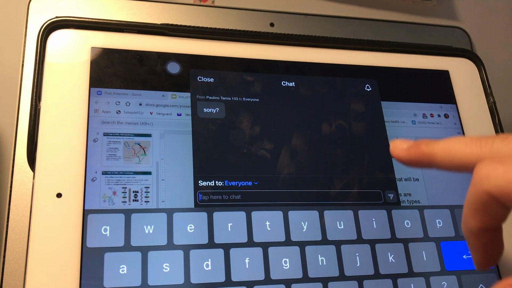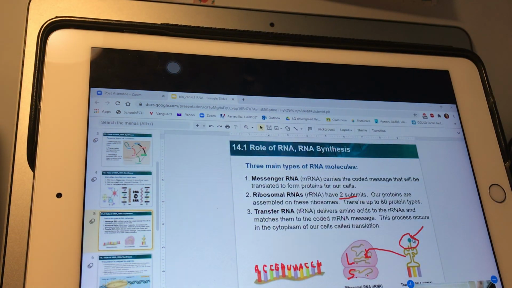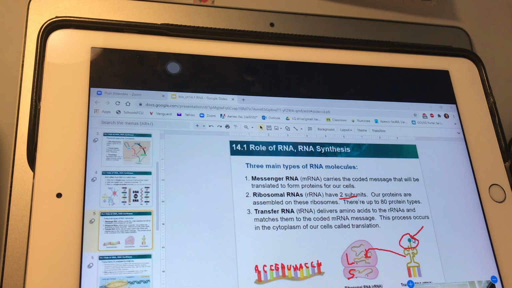Tamiya said Sony. Now, Sony is a good brand. They've been around for a long time. Is Apple another good brand? Apple, yes, good brand. Now, what if I go on Amazon and buy some cheapo $10 earbuds? Is that good? No. Most likely, it's not going to last very long.